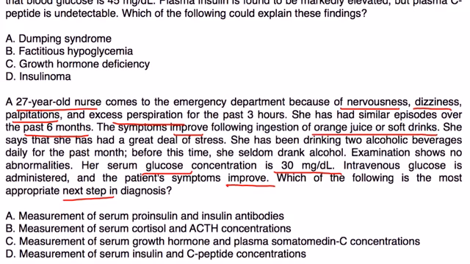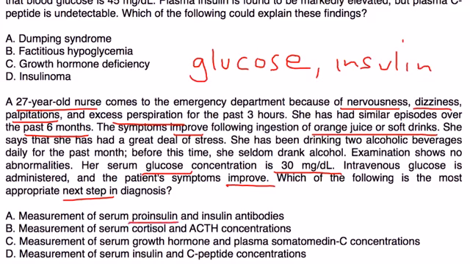Well, obviously this question has to do with glucose, so we're most likely going to be looking at insulin levels. Proinsulin kind of sounds like the correct answer. Insulin antibodies, perhaps. But in questions, always go for the most obvious, most likely.